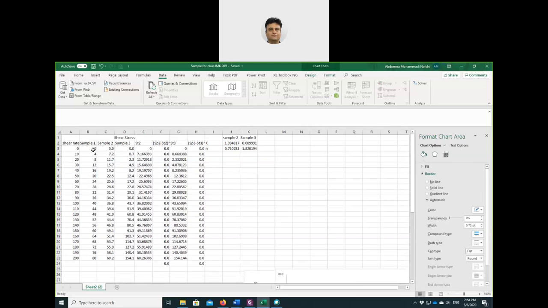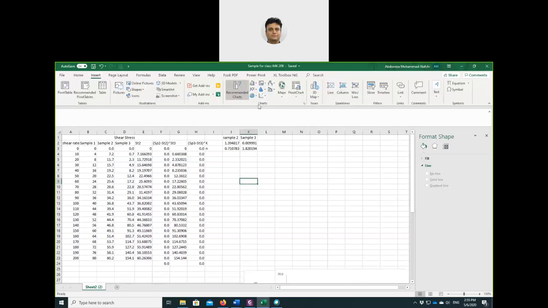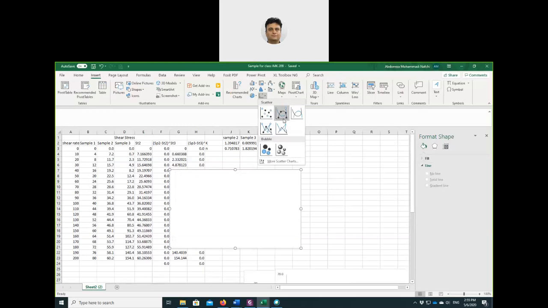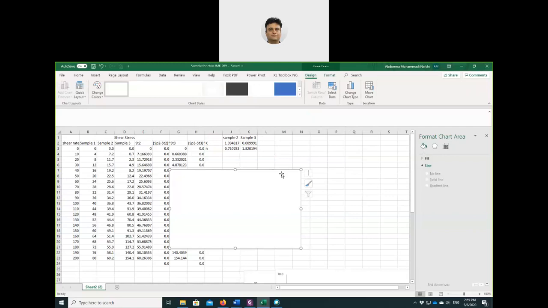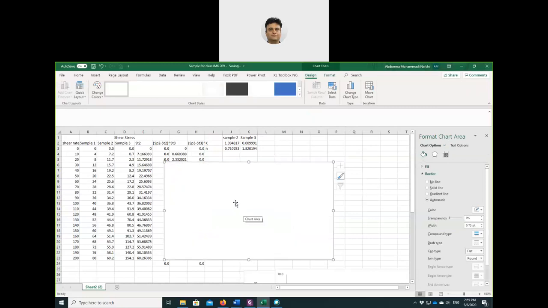The shear stress of all of the samples together, at the same shear rate, and then compare. So here I want to again insert chart, scatter, and this time I want to put line, because I want scatter and line. It's up to you. It's not compulsory to follow exactly my way.